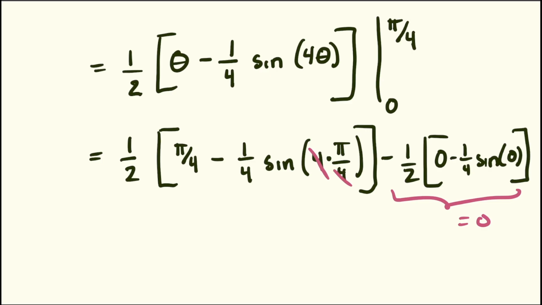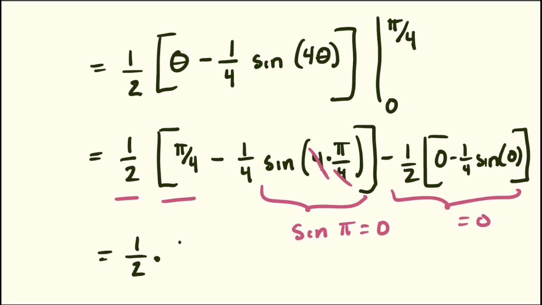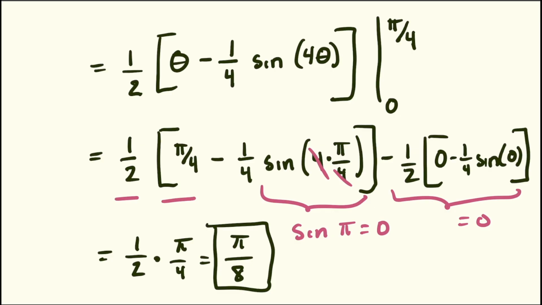Our 4's are going to cancel here, and sine of pi is equal to 0, so that vanishes, and that leaves us with a 1/2 and a pi over 4. So that is going to be 1/2 times pi over 4, which gives us pi over 8 as the area of one loop of the curve r is equal to sine of 2 theta.